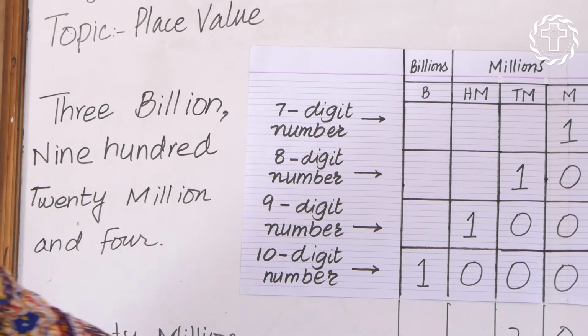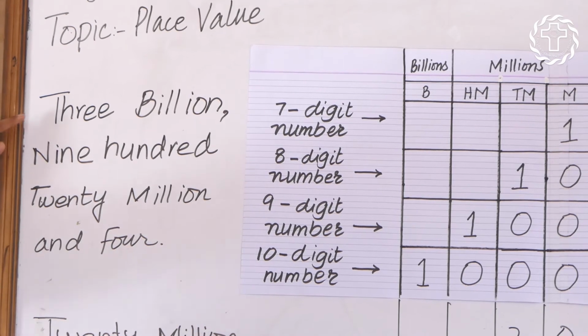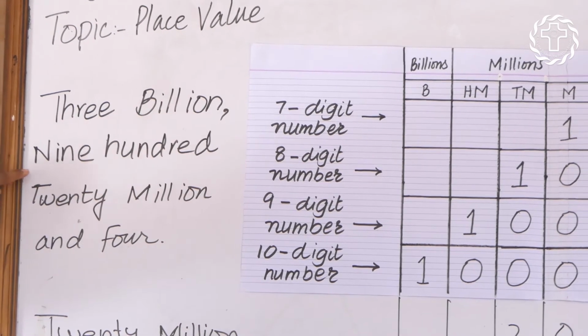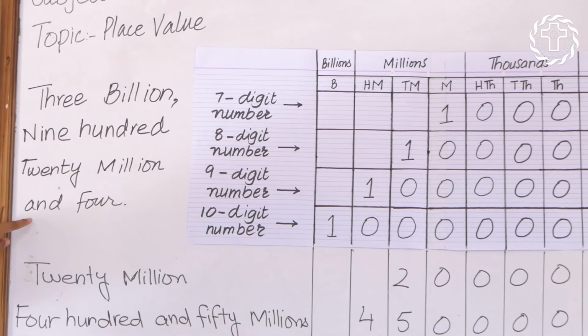So we can write these numbers in words as 3,921,000,004.